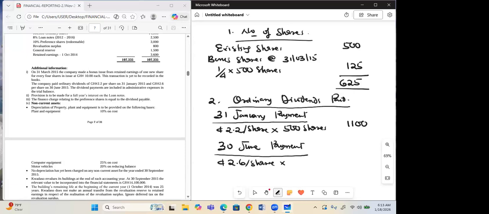Do you agree that that one was paid on the 625 shares? Yes, sir, because that one was after the bonus issue. So calculate that for us. 1,625. So what was the total dividend that was paid?